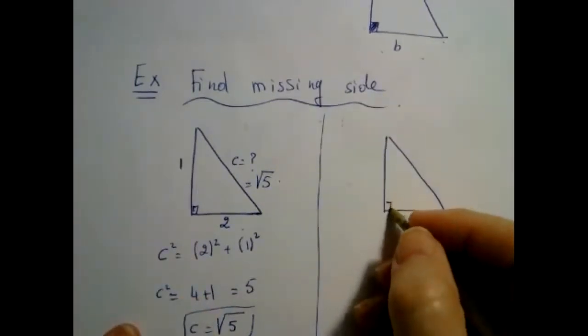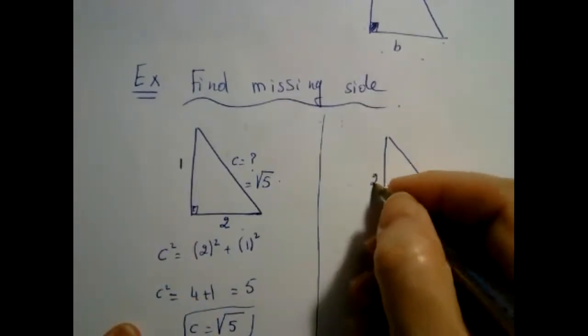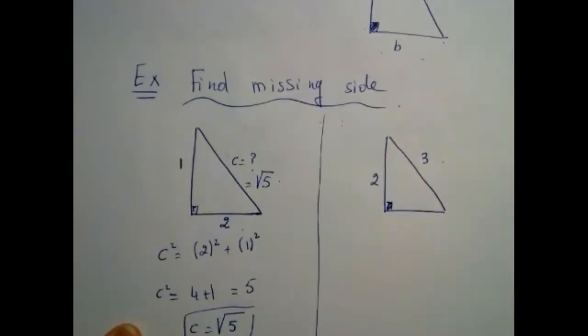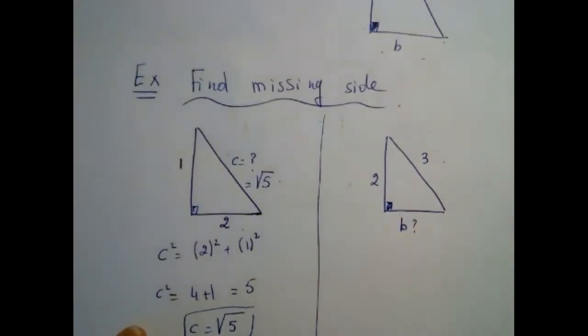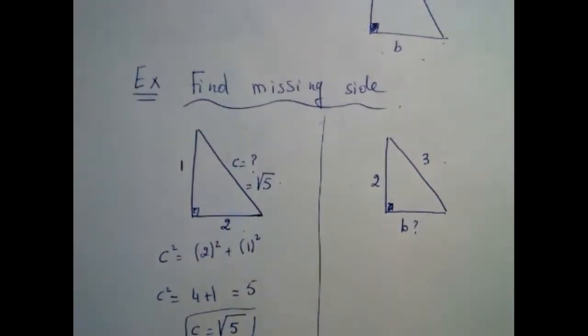Suppose I give you the following now. 2 and 3. The question is, find B. I'll give you a minute to give me B, quickly.